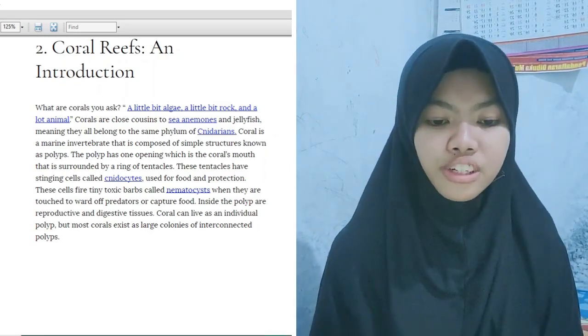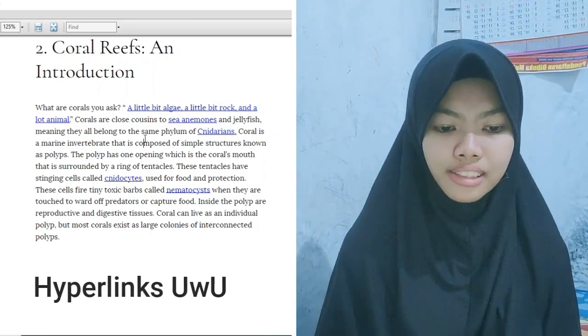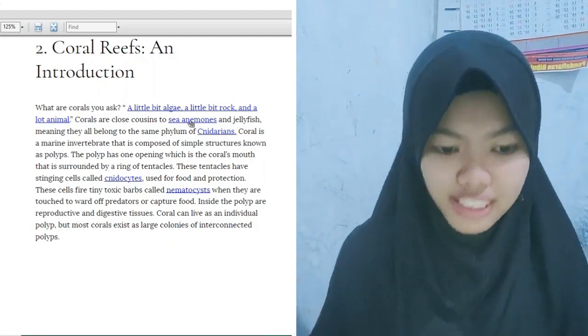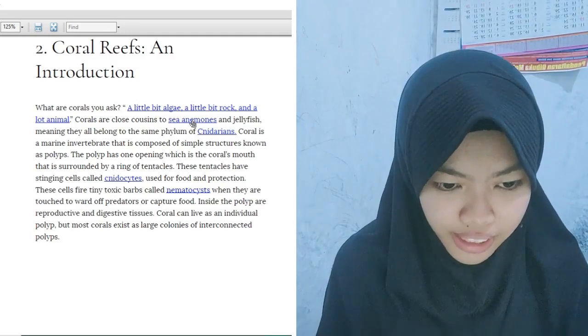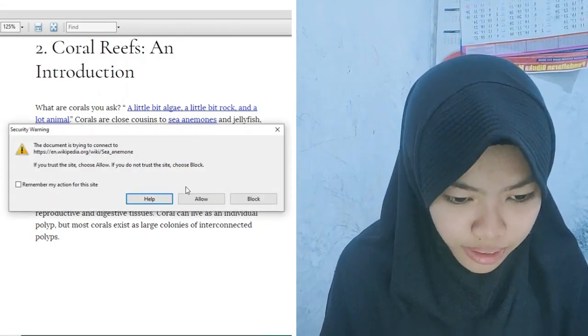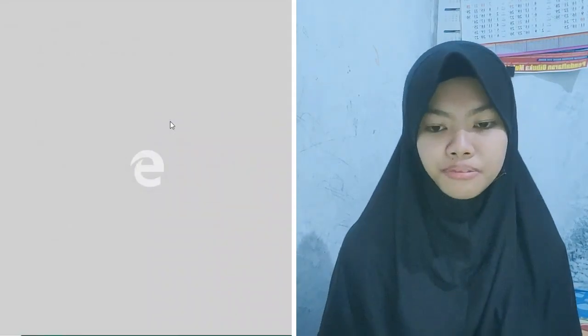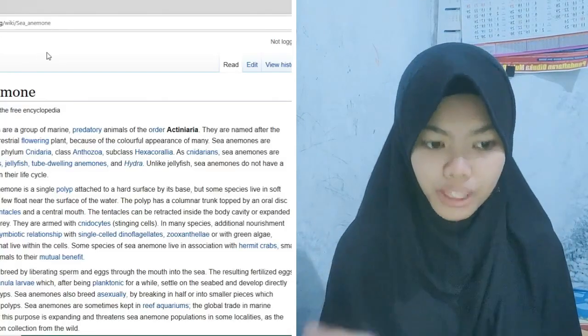Then it also provides us with links so we can explore more about this book. For example, like this, if we click these blue underlined words, we will be directed to this Wikipedia.